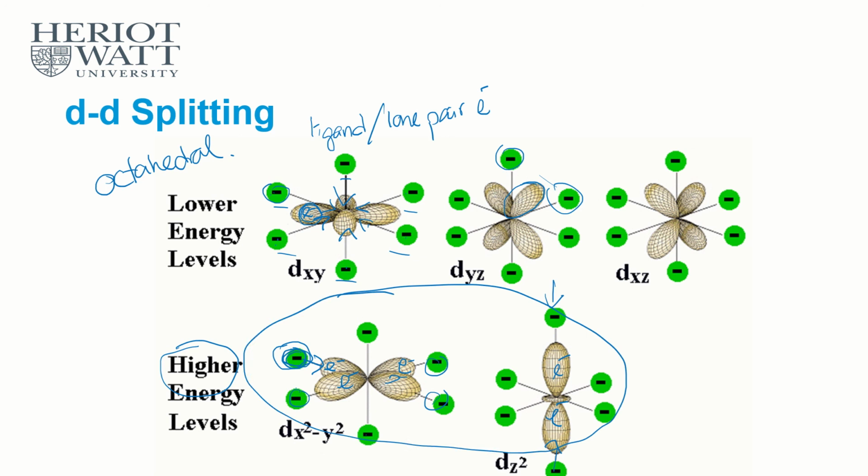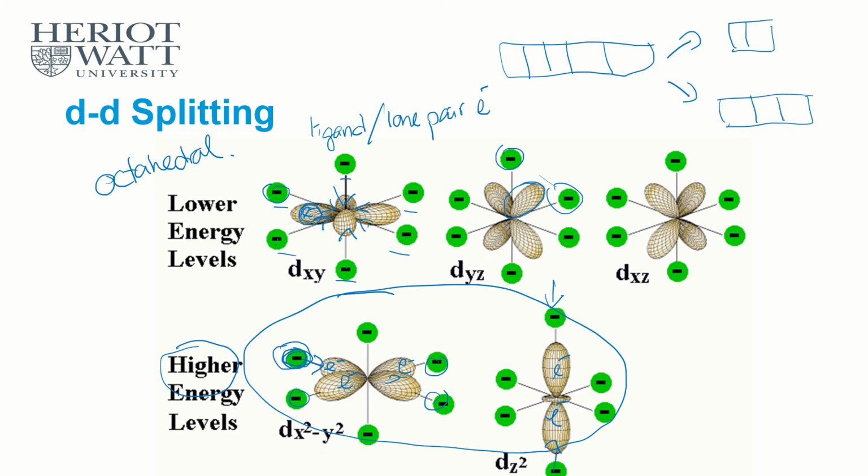And that explains why the d orbitals split into two levels, two on top and three below. Now, would you be able to name them?